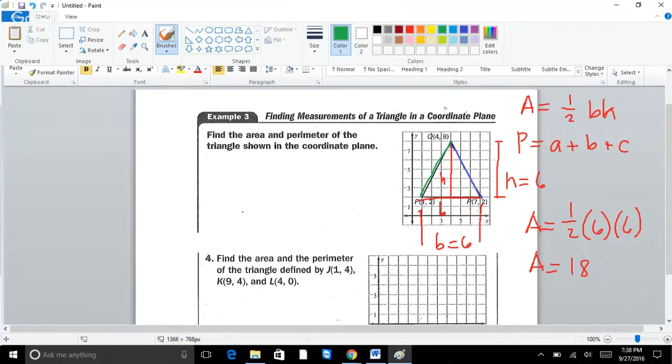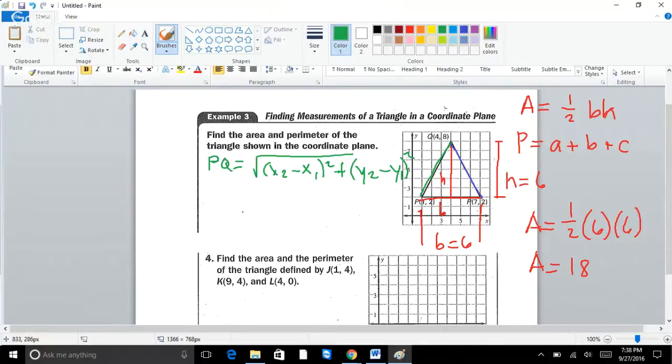So if I want to find the distance between P and Q, remember that the distance formula is the square root of (x2 minus x1) squared plus (y2 minus y1) squared. Okay, so that's where we're going to have our points.